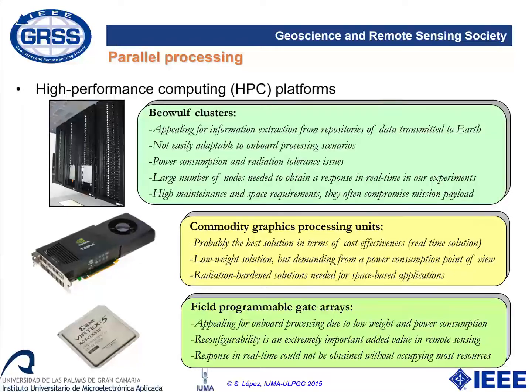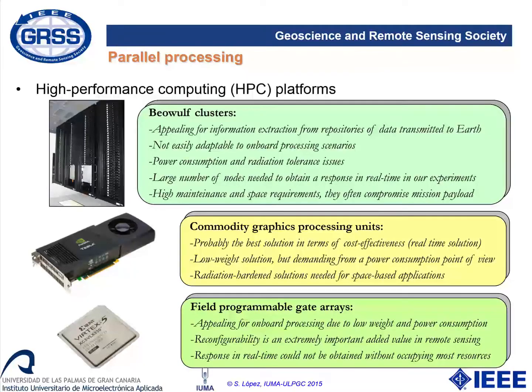Then we have a third possibility, which is FPGAs, field programmable gate arrays. We will talk a little bit more about them in the next slides. But one thing that I would like you to notice is that they are very appealing for onboard processing, especially in satellites, because they have very low weight, low power consumption, and they can be fabricated to be radiation tolerant.